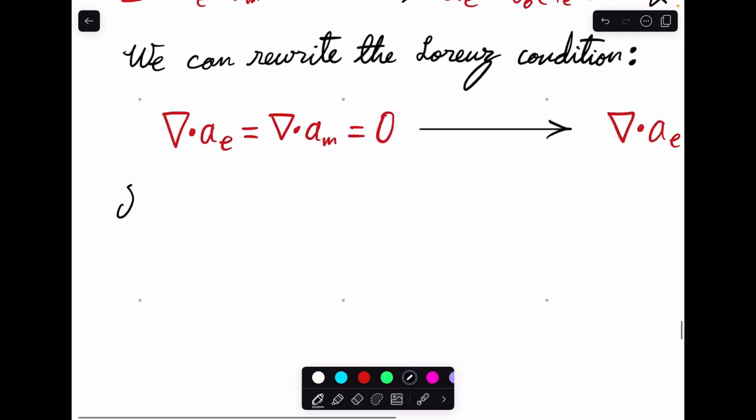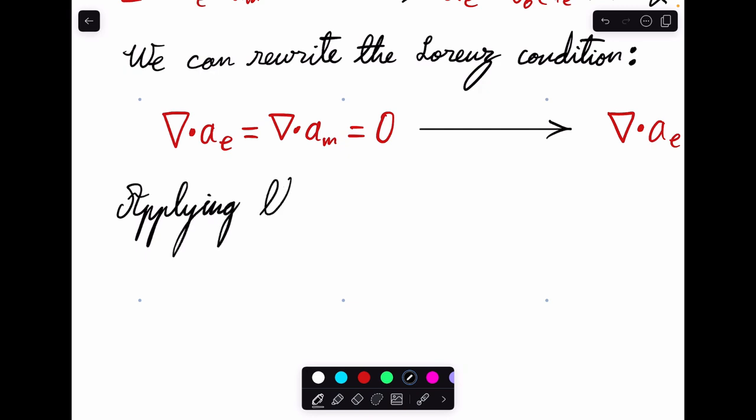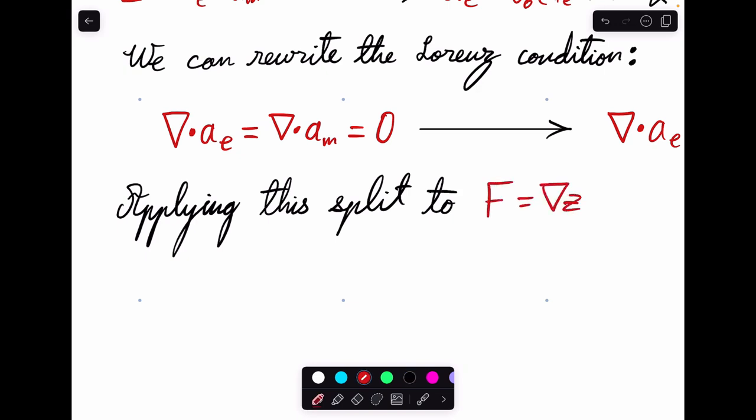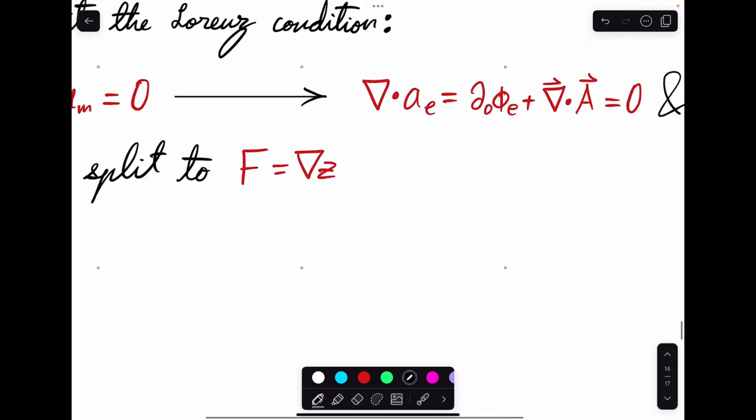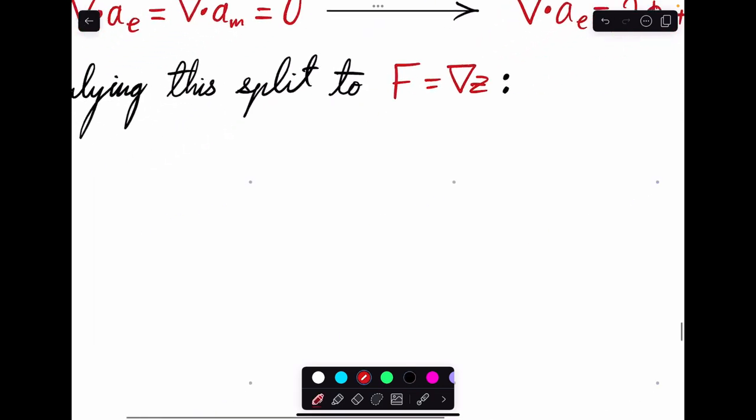So we can apply this split to F, which is equal to the gradient of Z. So we can express F in relative form. So we get F equal to the gradient of Z equal to partial naught gamma naught squared.